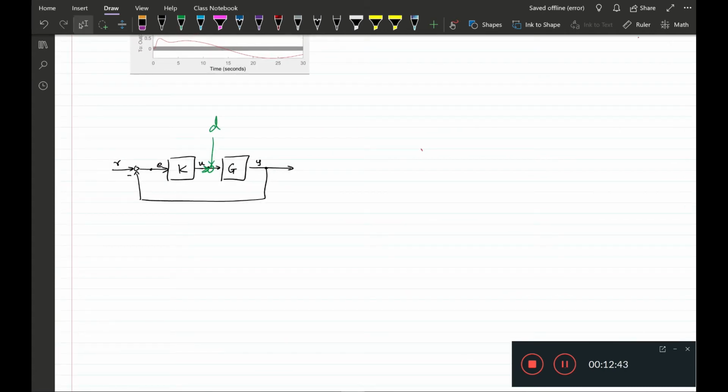So let's now derive the transfer function from D to E. Let's consider plus here, and let's name this signal UD. So UD is U plus D.